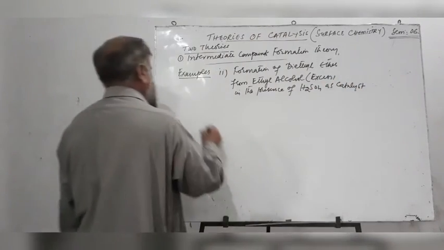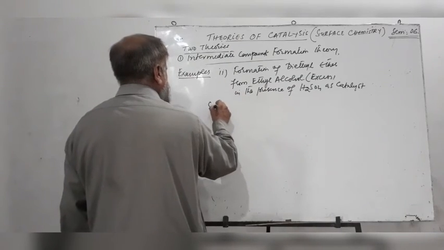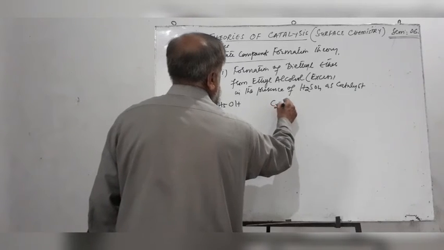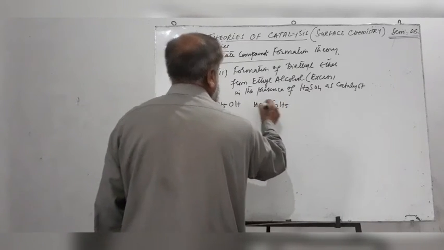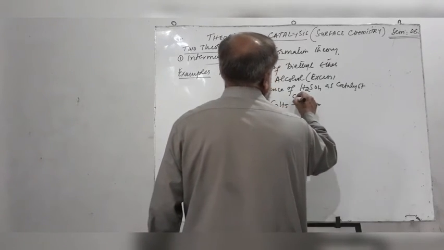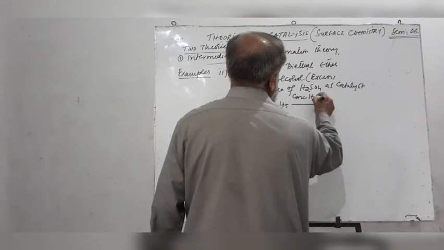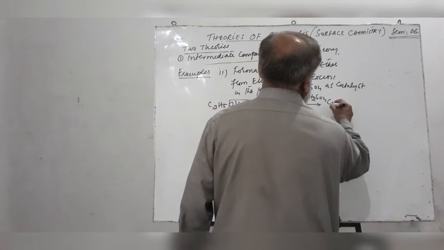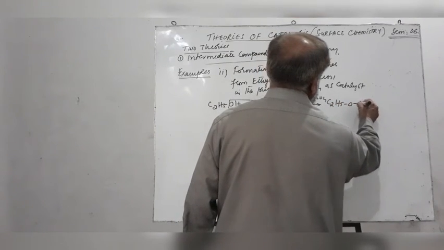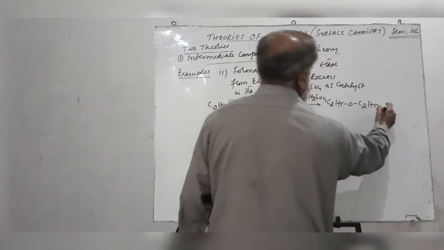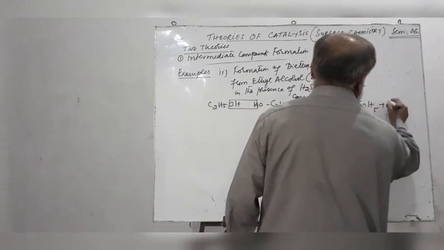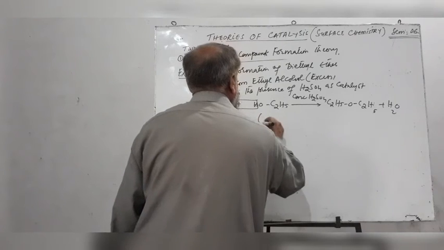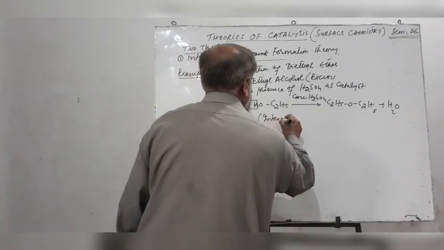In this case also, the reaction is C2H5OH, C2H5OH in the presence of concentrated sulfuric acid, we get C2H5OC2H5, diethyl ether, plus water. It is the product. It is actually intermolecular dehydration of ethyl alcohol.